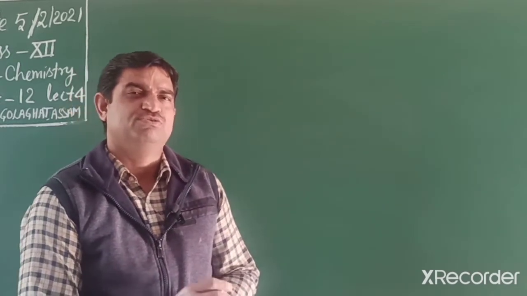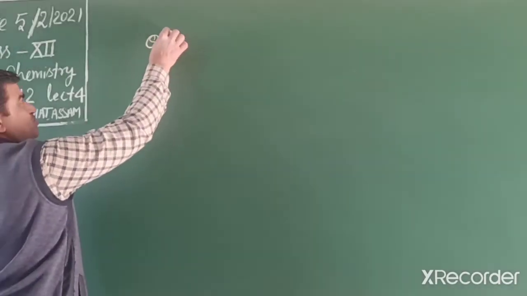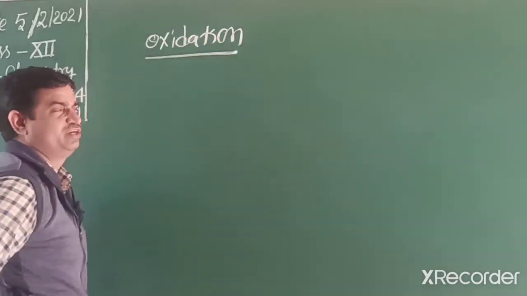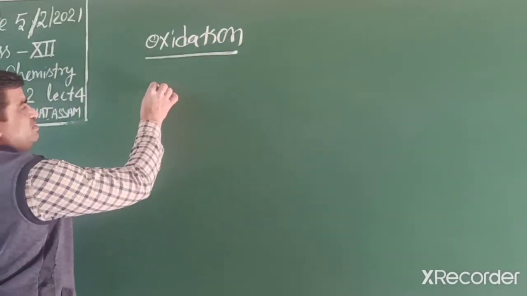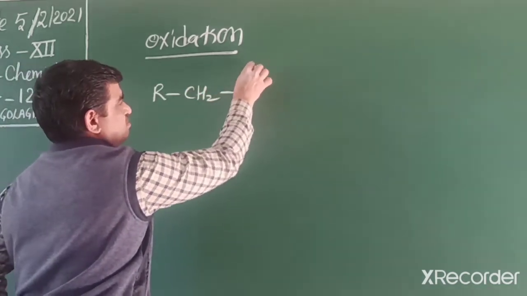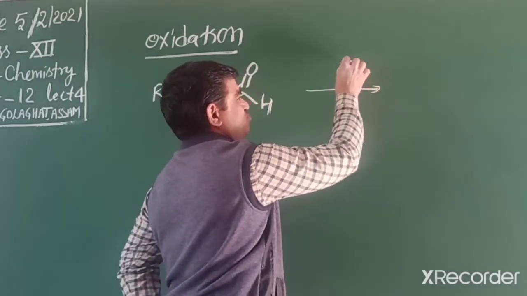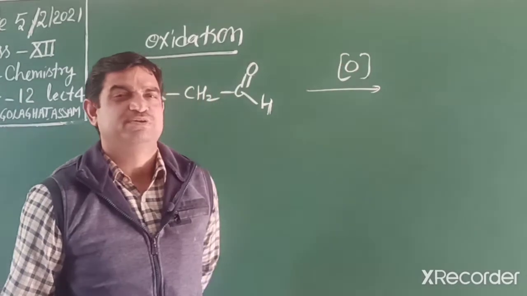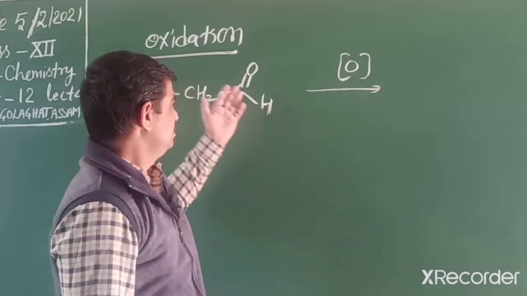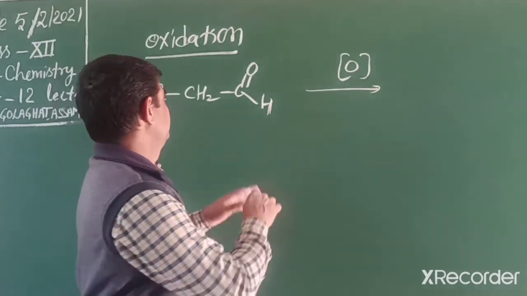Aldehydes and ketones show different reactions in oxidation. Consider the oxidation of carbonyl compounds. If we take any aldehyde like this and use a strong oxidizing agent, potassium permanganate, potassium dichromate or nitric acid, then the aldehyde is further oxidized and changes into the corresponding carboxylic acid.